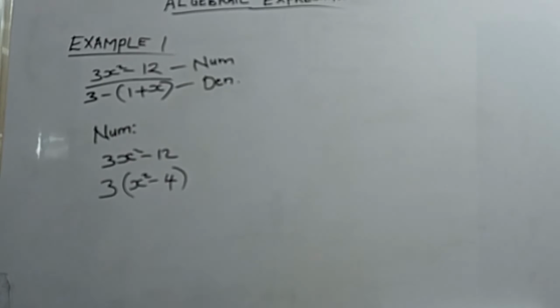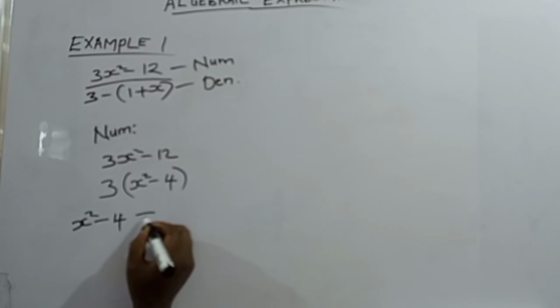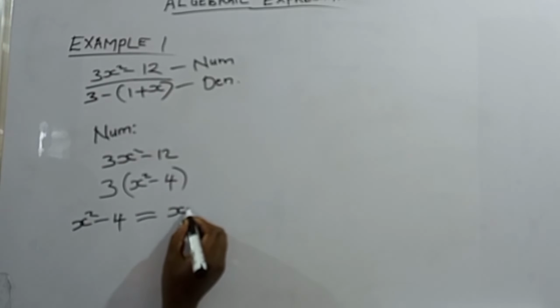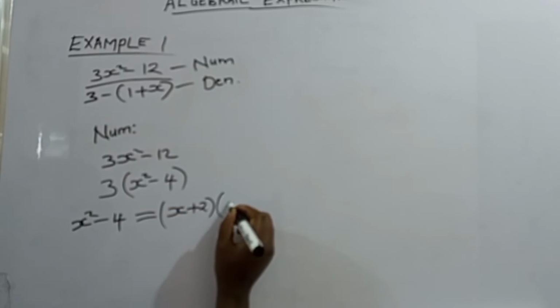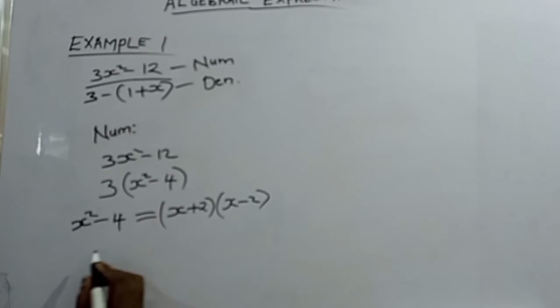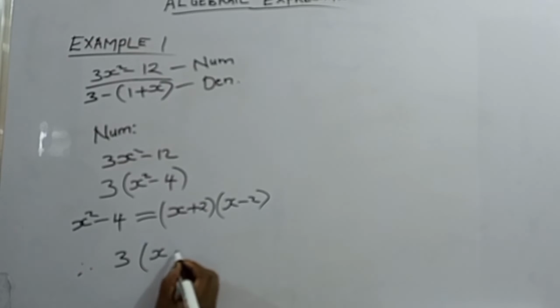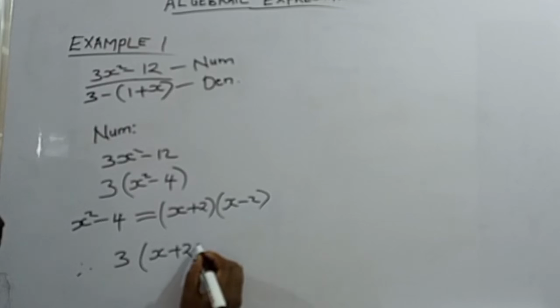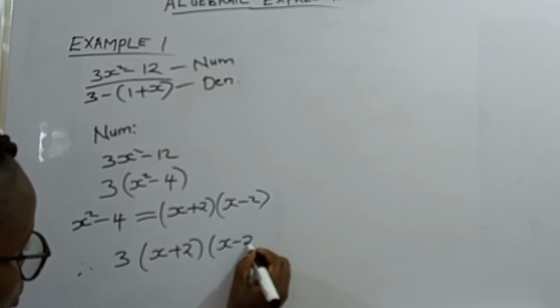But then we know x squared minus 4 is equivalent to x plus 2 into x minus 2. So we have 3 into x plus 2 into x minus 2.